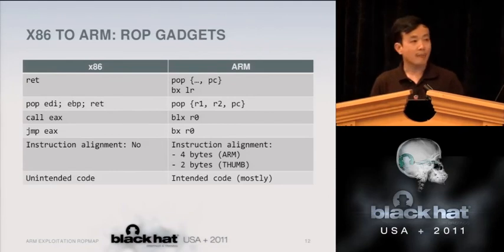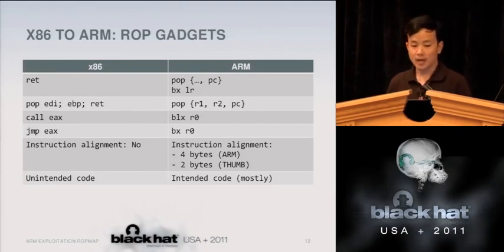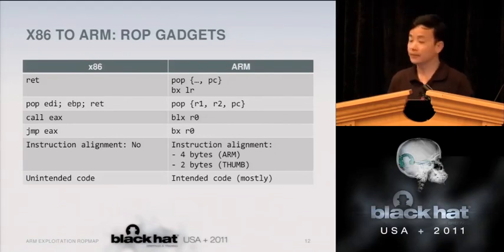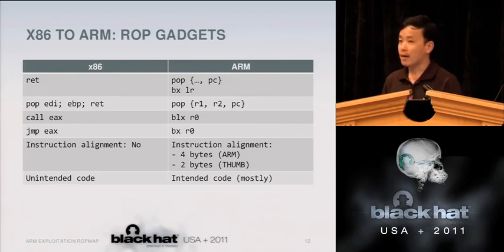For ROP gadgets, on x86 we look for the ret instruction. In ARM architecture, the equivalent is POP something, then PC. It can also be BX LR, jumping to the link register.